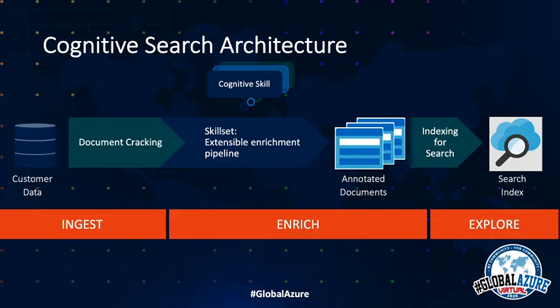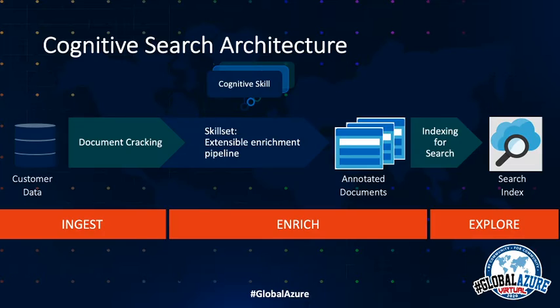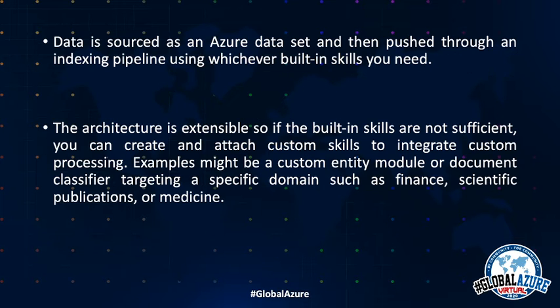We will get improved information, annotated documents, which is indexed, and we can now perform a search from the web or even from our applications. I will show this, especially this part of applications. Normally computer vision and text analytics cognitive services are used for these cognitive skills. But the natural language part is applied in this ingestion data phase. We already mentioned that.